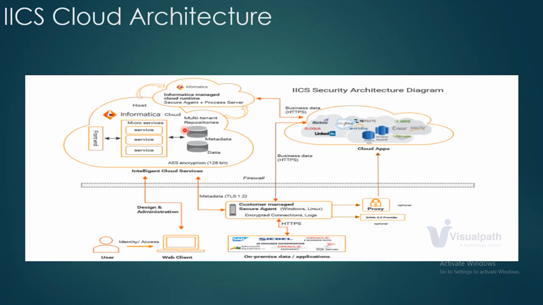You can connect to these cloud apps seamlessly along with your on-premise data, including SQL Server. You can even work on flat files, JSON files, XML files, different types of files.